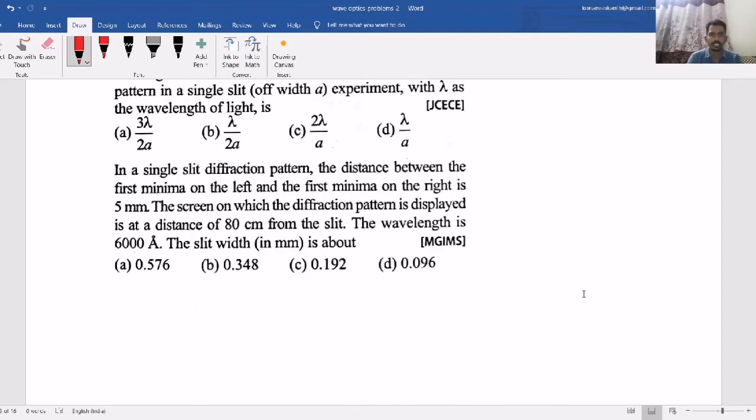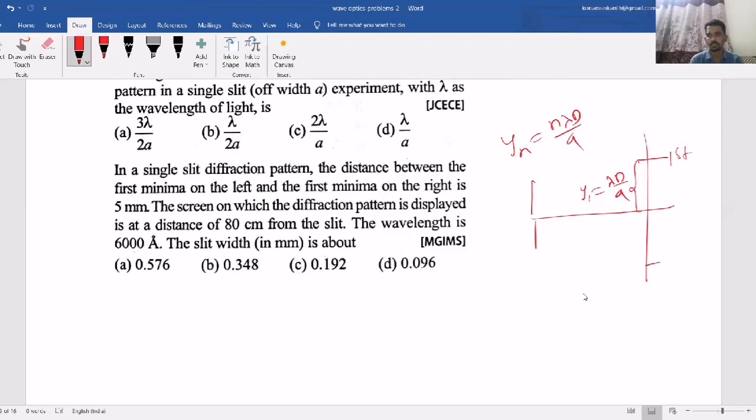In a single slit diffraction pattern, the distance between the first minima on the left and the first minima on the right side is 5 millimeter. Okay, here the thing is, if this is the slit, this is the screen, this is the central one, and here they are telling first minima. This is the first secondary minima, means this distance is y1, that is, the minima condition is n lambda D by a, so this will become lambda D by a.